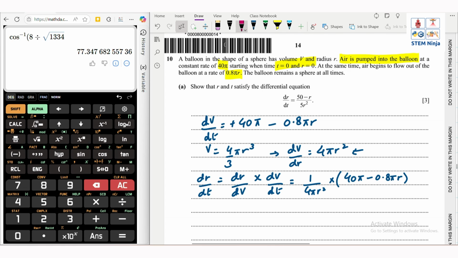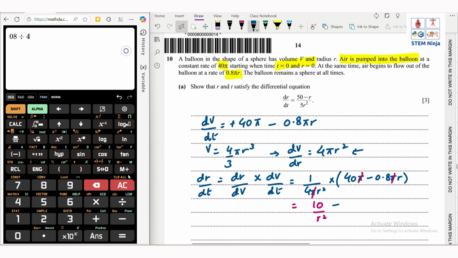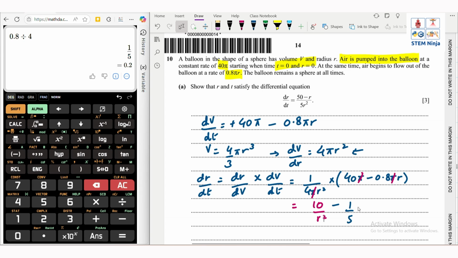So pi cancels, and 40 divided by 4 is 10 over r squared, minus 0.8 divided by 4, oh sorry, 1 over 5, r over r squared is just r.